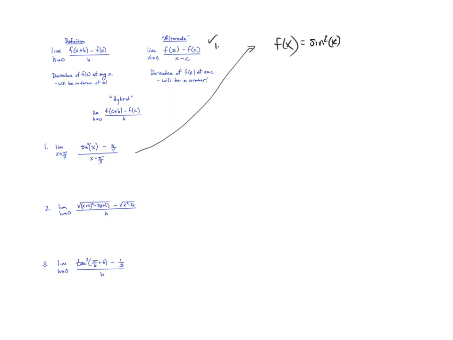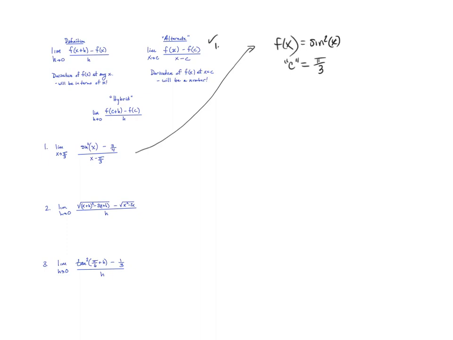Then we ask, what's our c value? In this case, x is approaching pi over 3. So x approaches c, x approaches pi over 3. So all we need to do is take the derivative of this function and plug in pi over 3, and we put that down as our answer and we walk away and we're done.